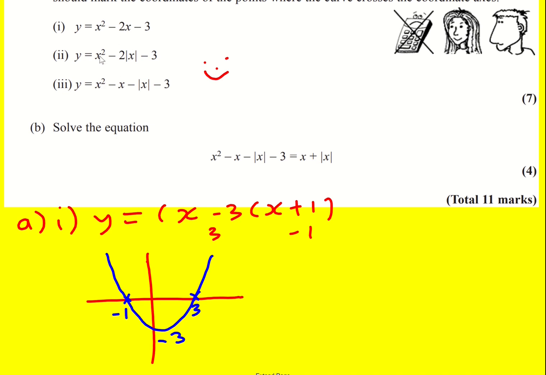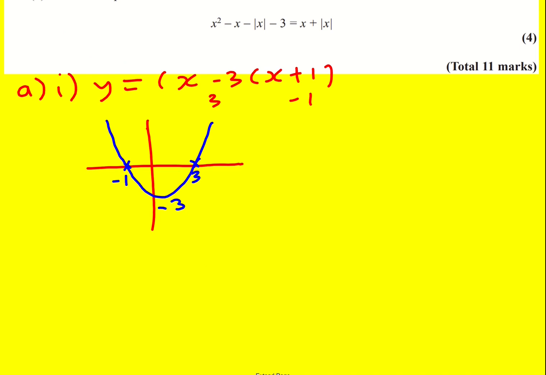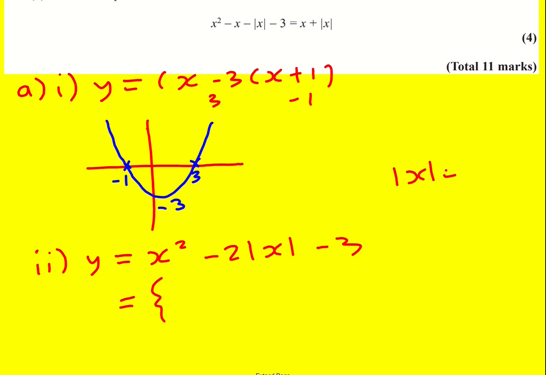Second one is the same again, but we've got a modulus. So y equals x squared minus 2 times the modulus of x minus 3. Now when x is greater than 0, modulus of x is just x.